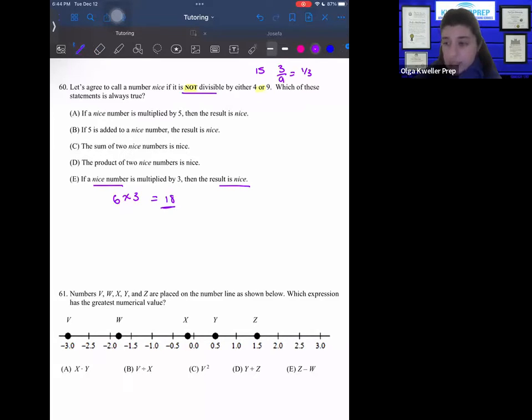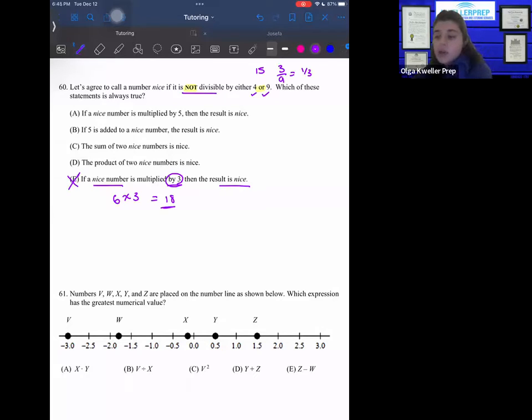And 18 is not a nice number because it's divisible by 9. Basically, what we're thinking about here is any number that's a multiple of 3, can it be divisible by 4 or 9? And there are plenty of numbers that are divisible by 4 or 9. So this one doesn't work.